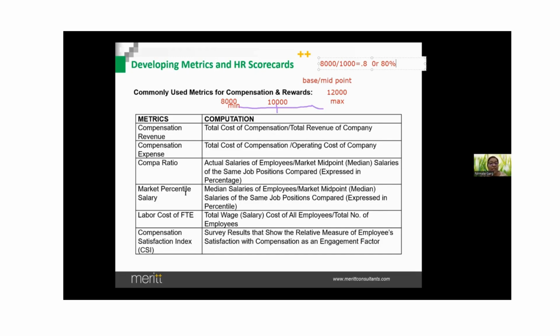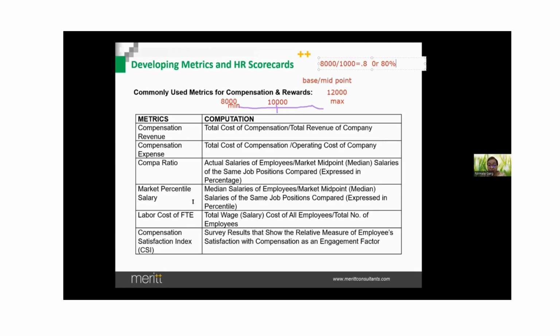All right. Market percentile. I think I explained very clearly what the market percentile is. Say, for example, Mahendra Kumar, I am working as an HR manager. Now, what is my salary percentile vis-a-vis the market? So my percentile could be about the 50th percentile or the 60th percentile of what the market is paying.